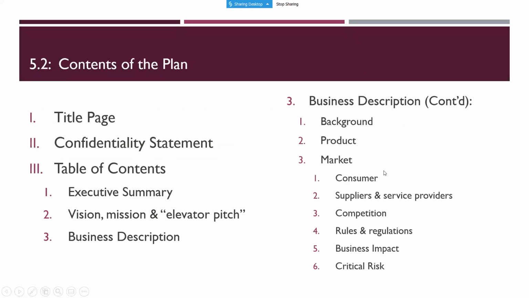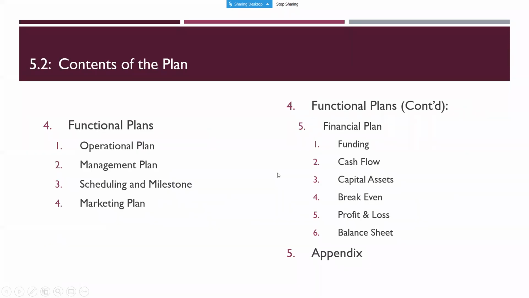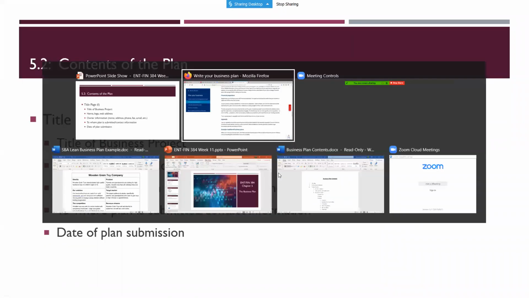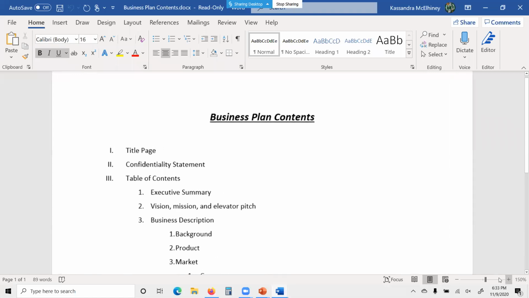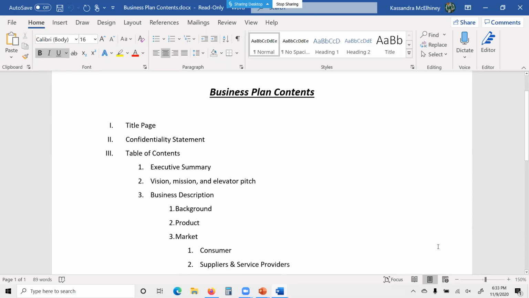Okay, so the contents of the plan did not translate so well to a PowerPoint slide, so that's why I presented it in a Word document. It reads a little easier that way. And it's also exactly the same content as what's on page 66 of the book. That's exactly where I got it from.